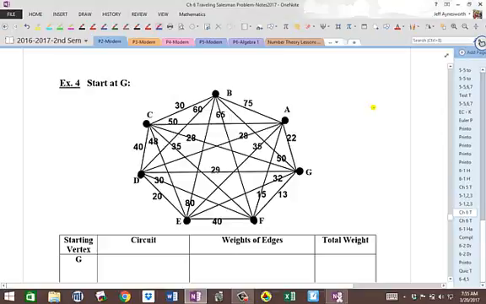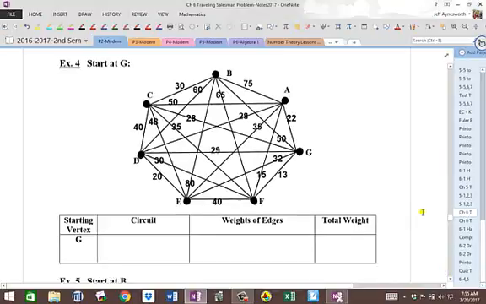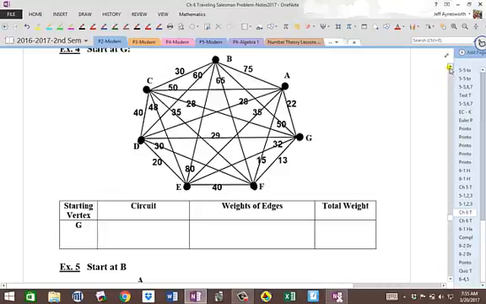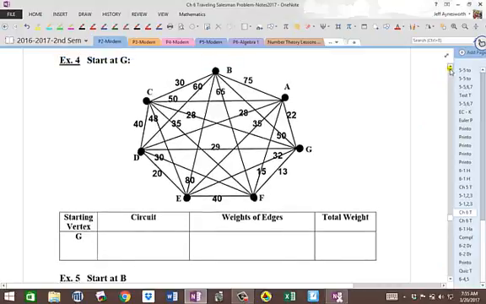And you'll find that you have the same circuit as in example 3. So this is the graph of the table in example 3. I'm just making note of that, and you could do this one on your own. It's going to have the same weight of 214.